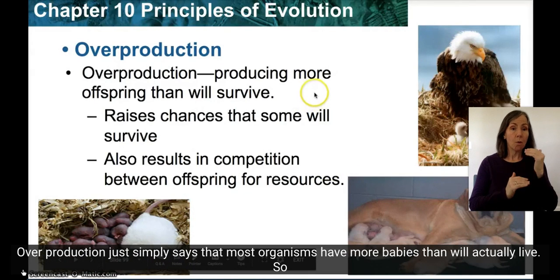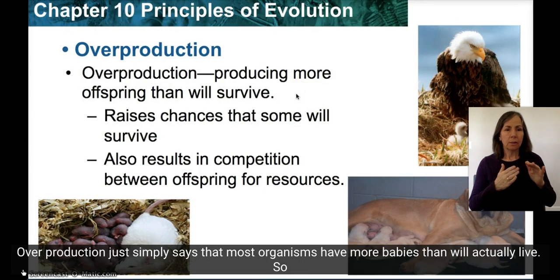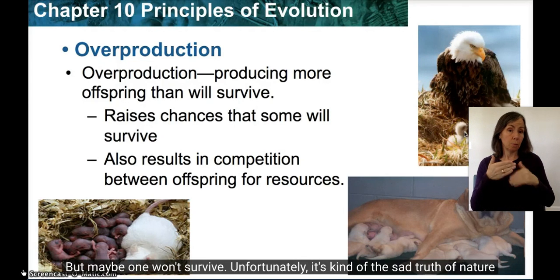Overproduction just simply says that most organisms have more babies than will actually live. So an eagle might have 2 eaglets, but maybe one won't survive, unfortunately. It's kind of the sad truth of nature.